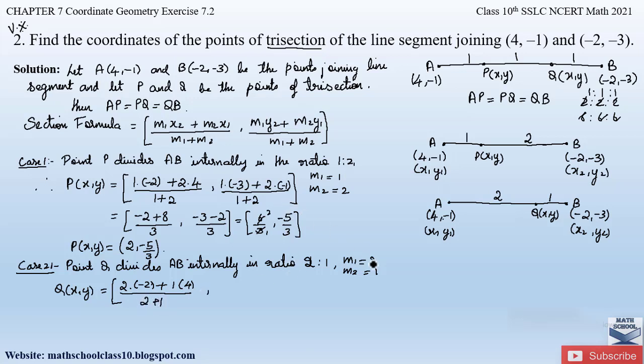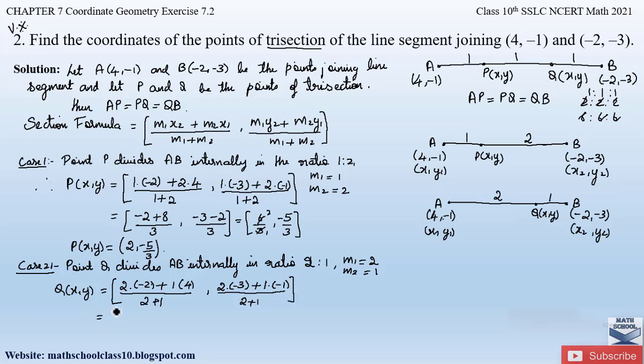Then the y coordinate part will be m1 into y2. Here m1 value is 2 into y2 is minus 3 plus m2 is 1 into y1 is minus 1 divided by m1 plus m2, that is 2 plus 1.